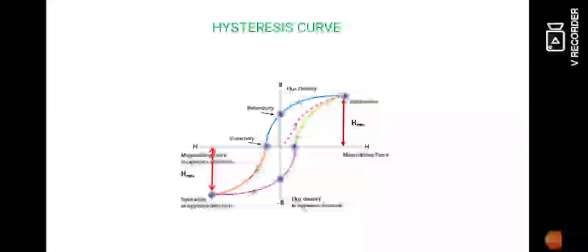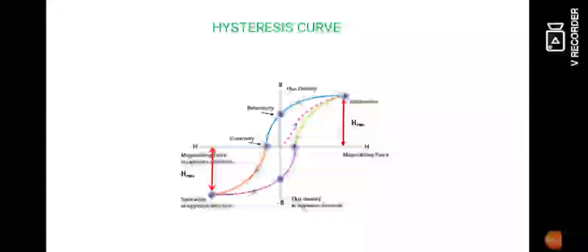That means H is 0, B is maximum. When H is 0, the ferromagnetic material retains some quantity of magnetism inside the material. That magnetic induction value is called the residual magnetism. This value of B, when H is 0, is called the retentivity. So in the graph, the value OB is called the retentivity.